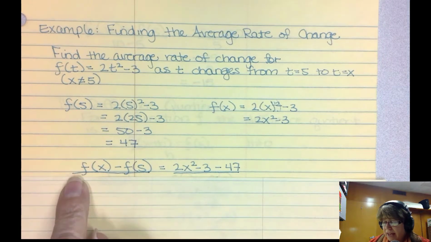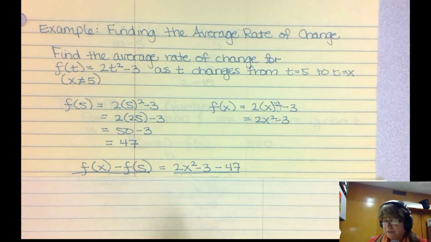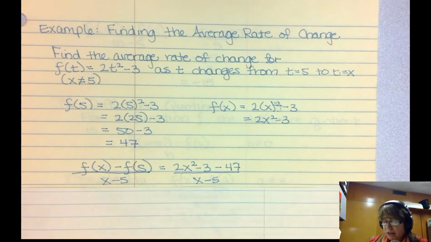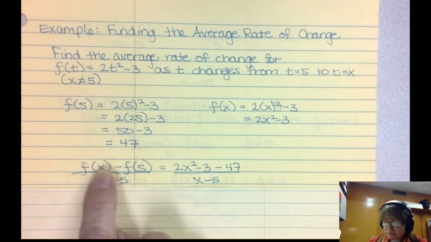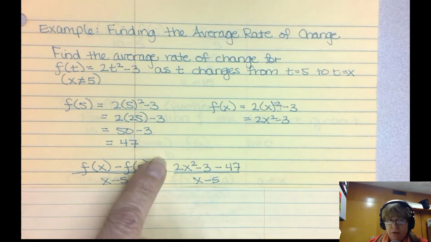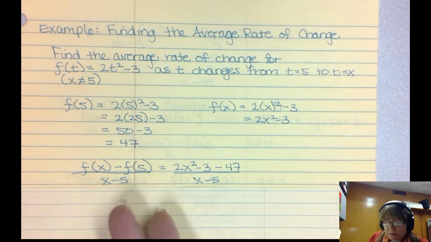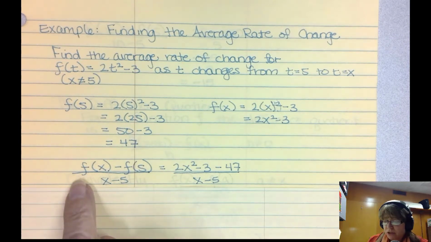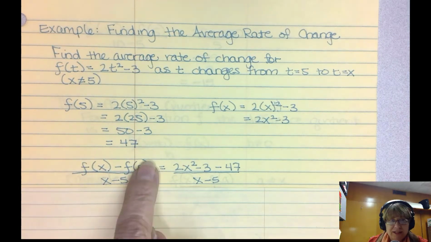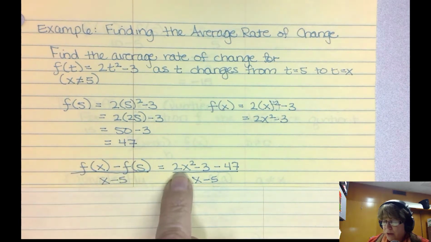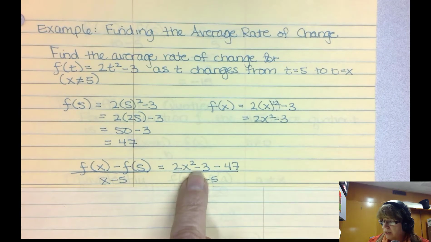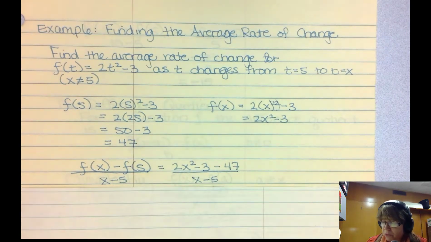F of x minus f of 5 all over x minus 5. These two go together and these two go together. So don't confuse them and flip them around. Make sure your f of x is over your x and your f of 5 is over your 5. F of x is 2x squared minus 3. So to see that better, I'm just going to put a parenthesis right around it.